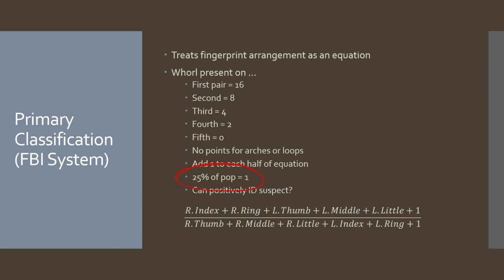If you have a set of fingerprints down and you do the equation and you come up with a number, and then you print the person you think did the crime, and they have a different number, you can bet pretty surely that the prints you're trying to match don't match that person in front of you. Now, there might be a ton of other evidence still pointing to that person, and you address that separately. But the fingerprint primary classification rejects that person as being the source of those fingerprints.